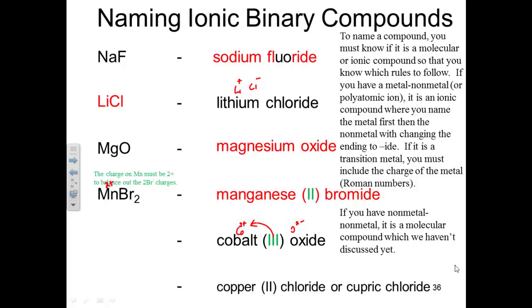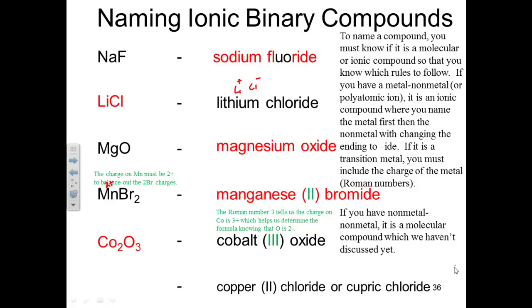So now I've got to put those together to get my formula, which would mean I have cobalt subscript 2, oxygen subscript 3 to get a total of +6 and -6 so they cancel. It ends up Co2O3.